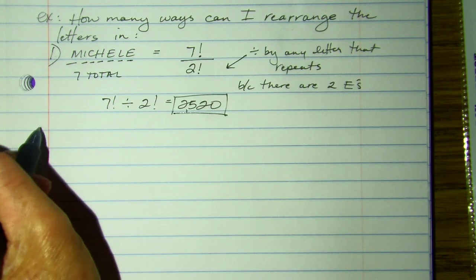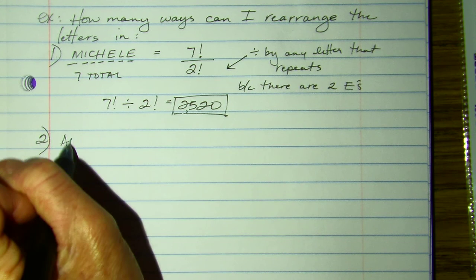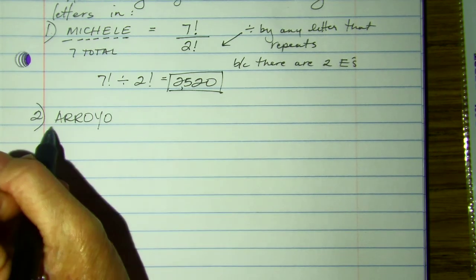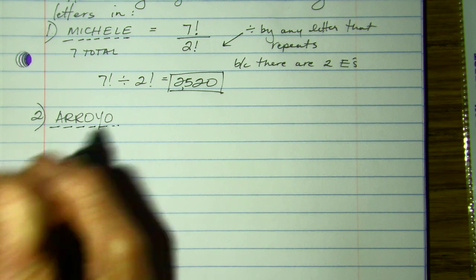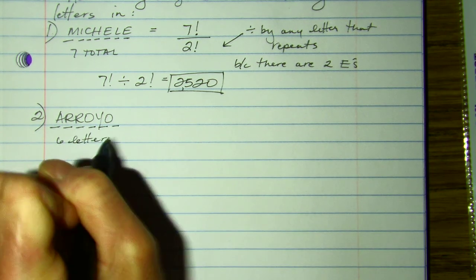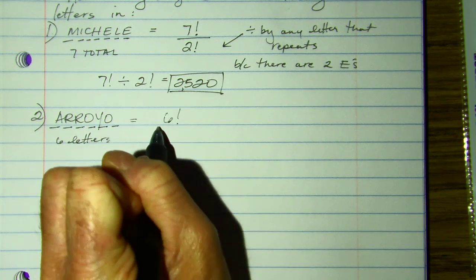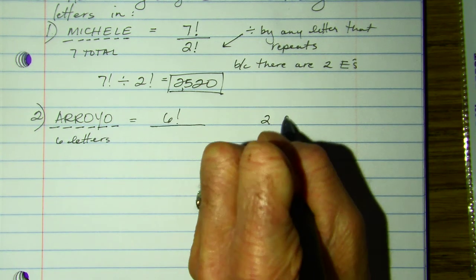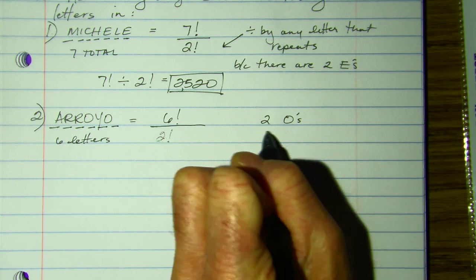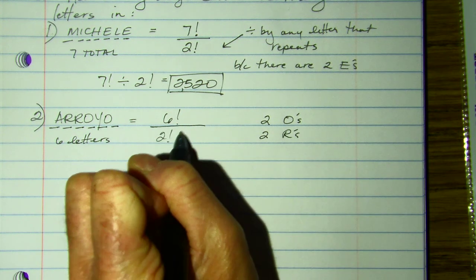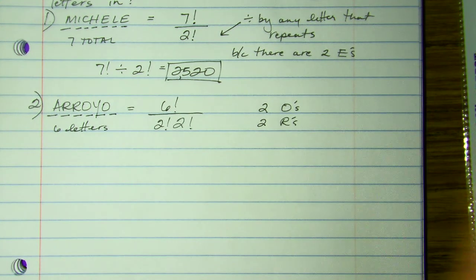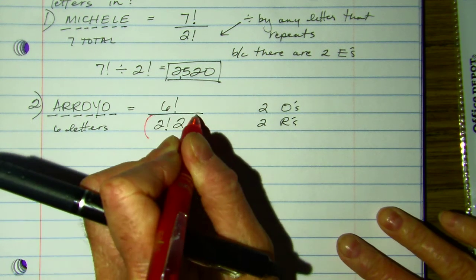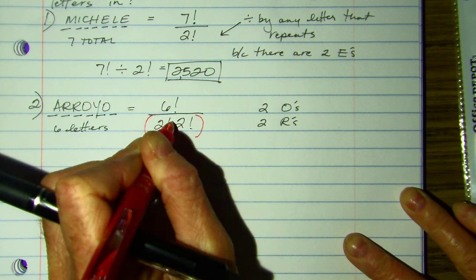All right, let's use Arroyo's name. All right, Arroyo has 1, 2, 3, 4, 5, 6. There are 6 letters. So on the top I put 6 factorial. Now I have to divide by any letter that repeats. There are 2 O's and there are 2 R's. Now, I just covered this. If there's more than one thing in the bottom, when I enter this, I'm going to divide by 2 and I'm going to put multiply.